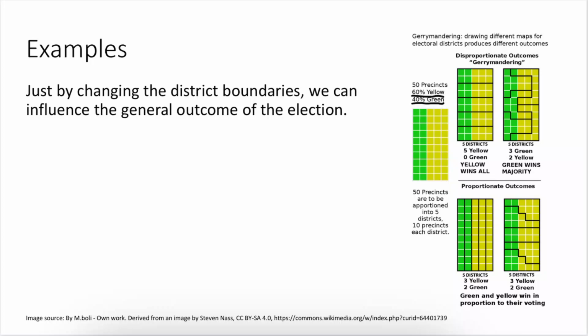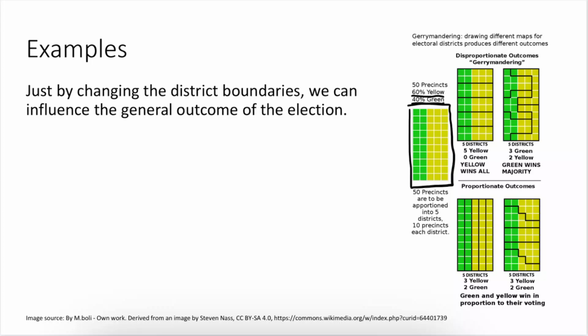And so if we look at this entire group of neighborhoods, we would think that if you split it up into districts, the districts should approximately follow this same proportion of people that agree versus disagree.